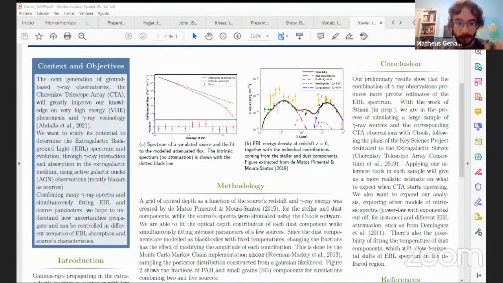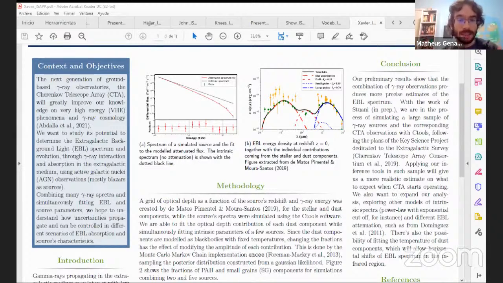So for instance, in figure 1a, which should be 1, but it's only A in the poster, there's an example of a spectrum of a blazar, so an AGN with the jet pointed towards us.